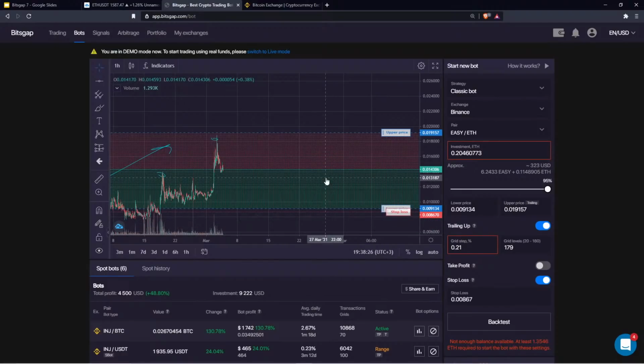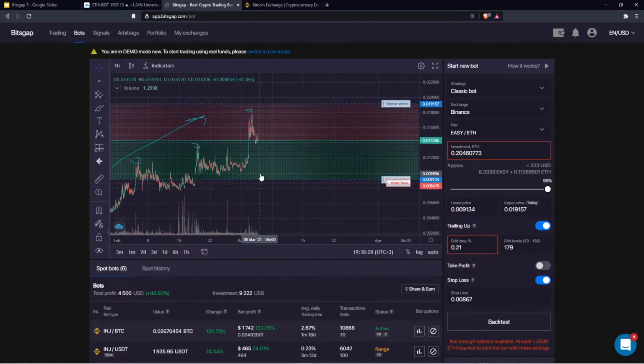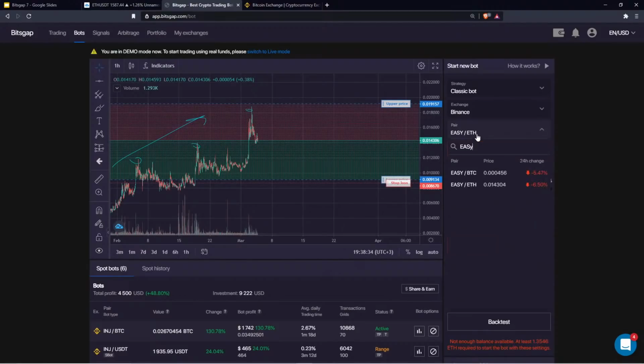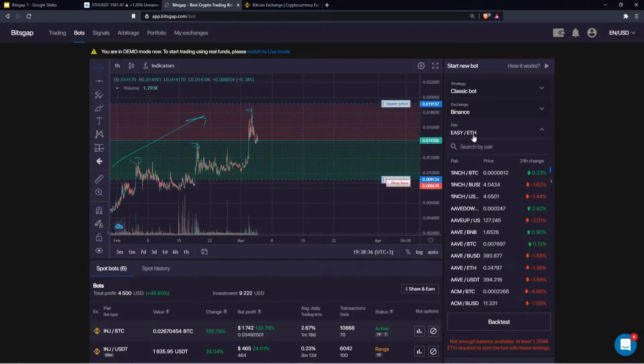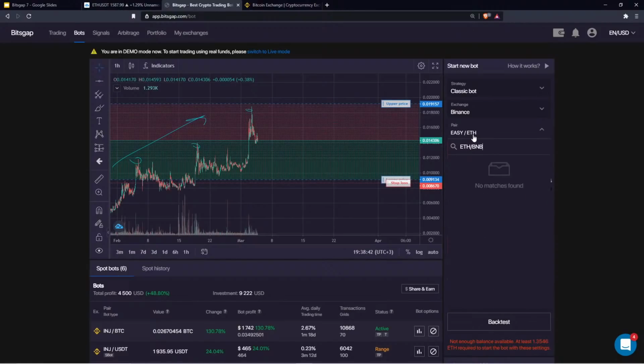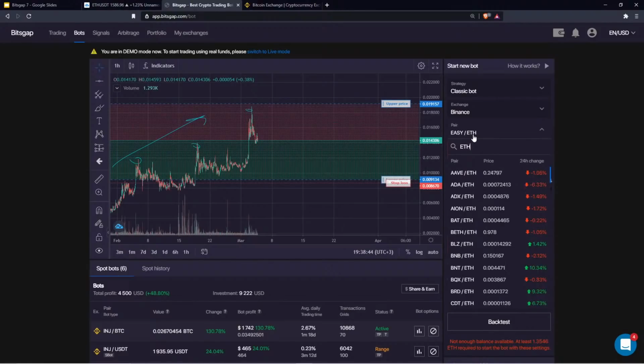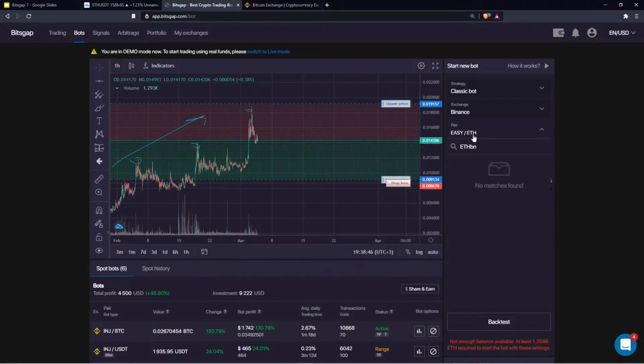You can also find other cryptocurrencies that are trading to coins that you want to accumulate. Let's say you want to generate returns in BNB, then you can find those cryptos that are trading to BNB. Is there anything trading actually to BNB?